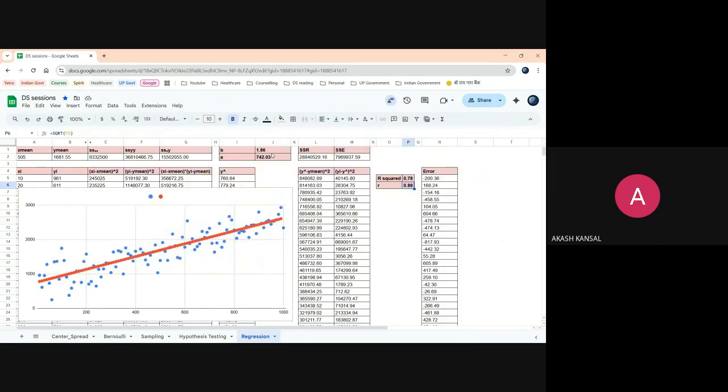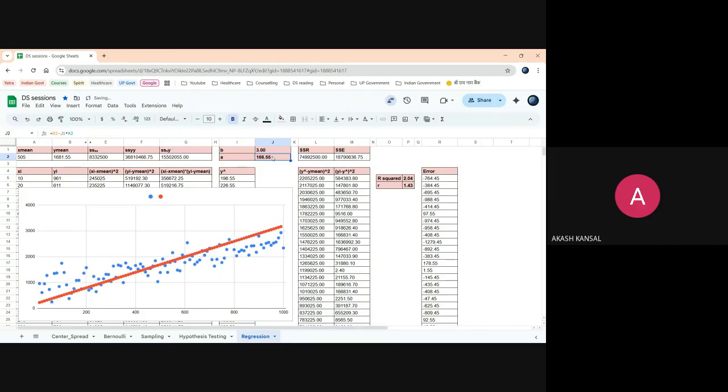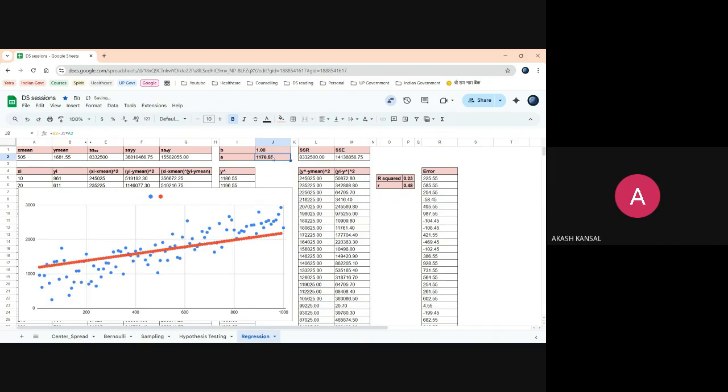So yeah. Also, if you try to change the values of b, let's say if you want to make it 3, no, you can't make it 3. Let's make it 1. So if we make it 1, this goes beyond your coefficient of regression.